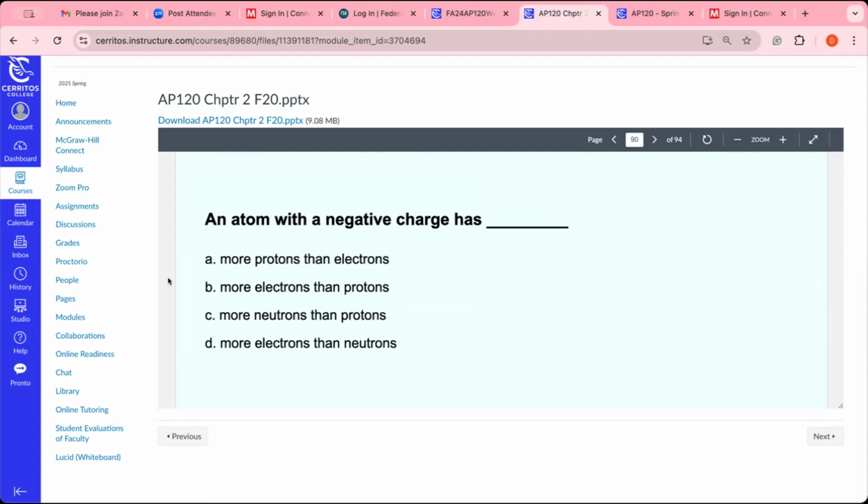If it has a negative charge, it has to have more negatives than positives. So which one would that be? I think it would be more electrons than protons. That's correct. More electrons than protons, because the neutrons aren't going to do anything. They're neutral. That's right.